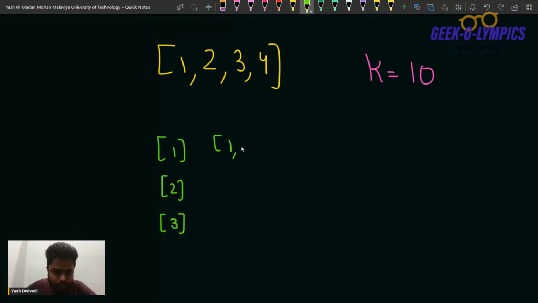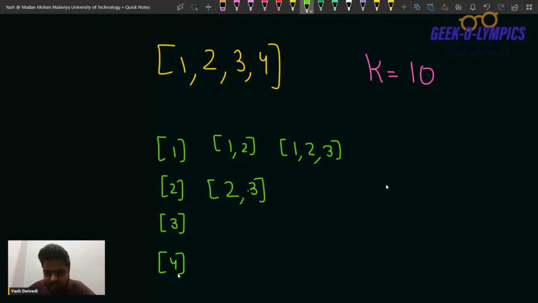Then 1 comma 2 will have the product less than k. I can also say that 1 comma 2 comma 3 will have product less than k. Then 2 comma 3 will have product less than k, right? Then after that, single element 4 will also have the product less than k.